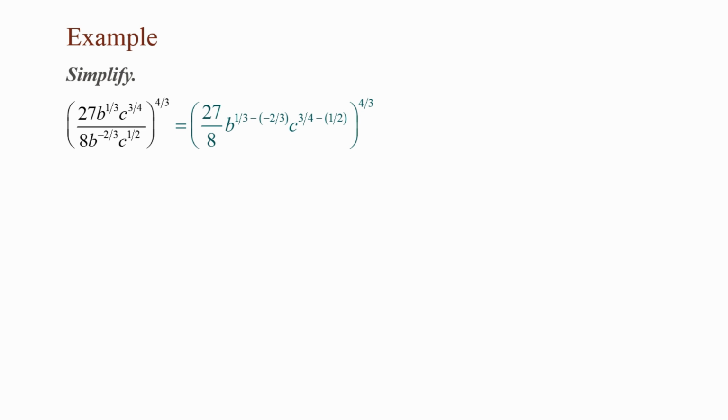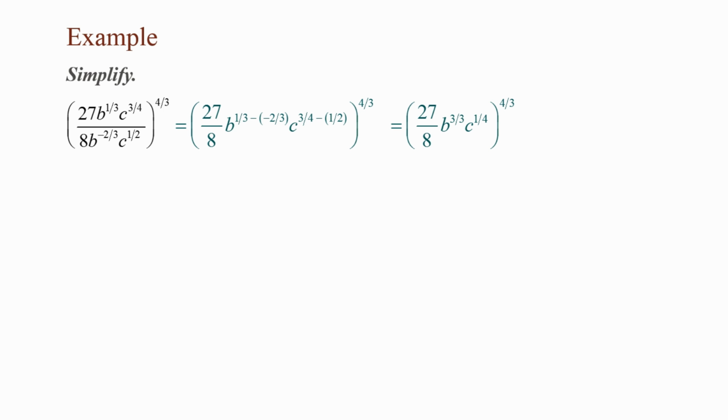So this gives us 27 over 8 times b to the 1/3 minus a negative 2/3, c to the power 3/4 minus 1/2. And all of that is still to the 4/3 power. Simplifying, I have 27 over 8 and then b to the 3 over 3 because 1/3 minus a negative 2/3 is actually 1/3 plus 2/3, which is 3 over 3.